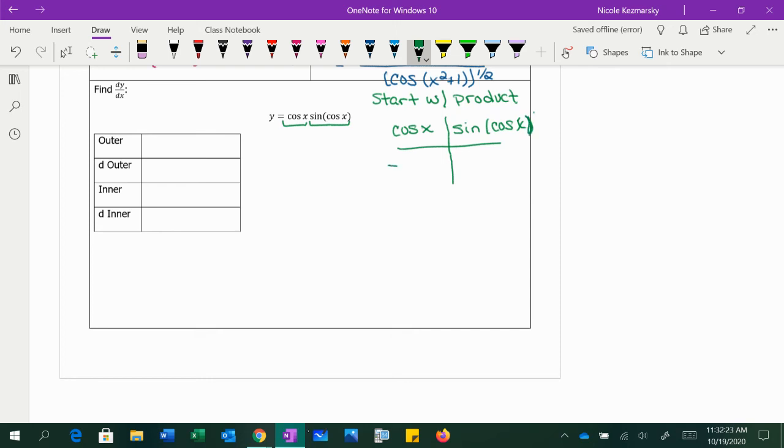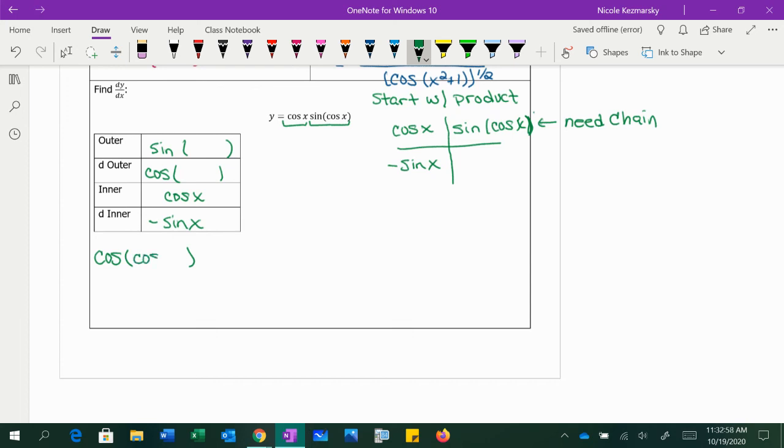The derivative of cosine of x is negative sine of x. To do the derivative of sine of cosine of x, I need chain rule. So I'll work that over here. The outer is sine of something. So the derivative of the outer is cosine. The inner is the cosine of x. And so the derivative of the inner is negative sine of x. So putting that together, I'm going to have cosine of something.